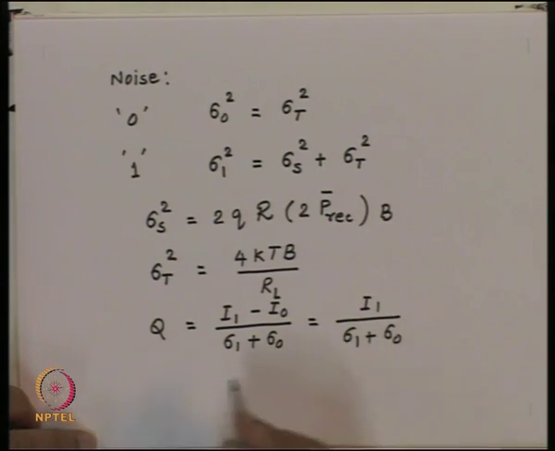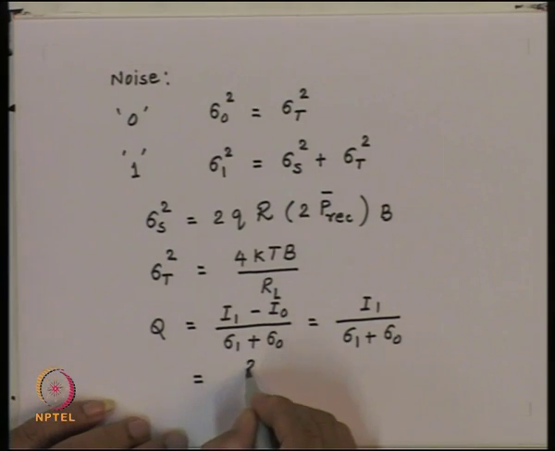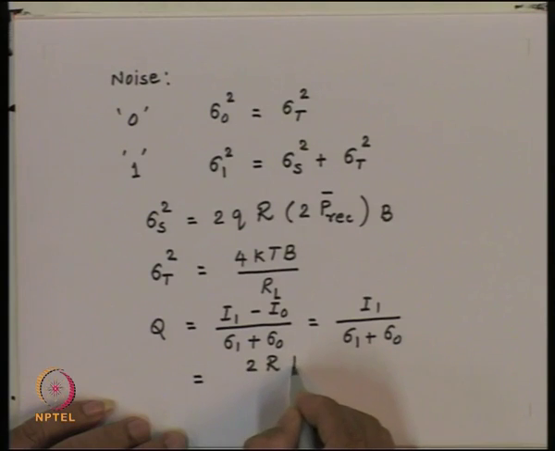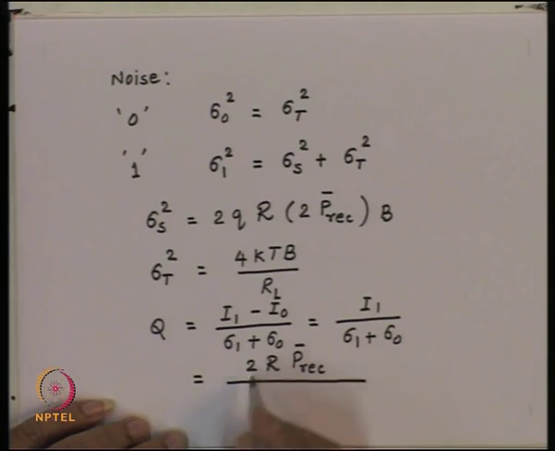Substituting for I1, sigma 0 and sigma 1, we get 2 times responsivity times P received average divided by sigma 1, which is sigma s square plus sigma t square to the power half, plus sigma t.